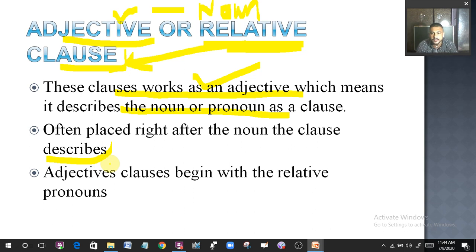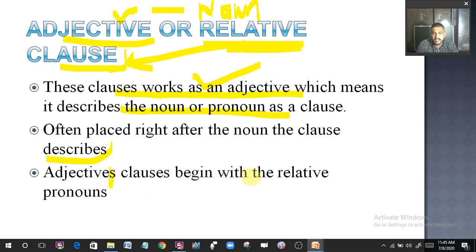We need to keep the property of the adjective in mind: if the description of that particular noun is given in the next clause, then definitely that would be an adjective clause. I would say it would be easy now to understand.